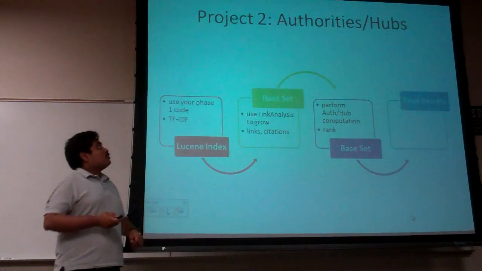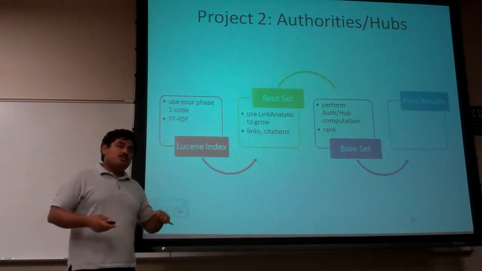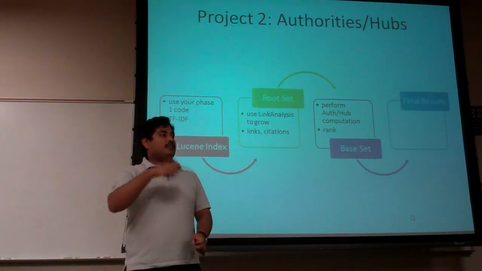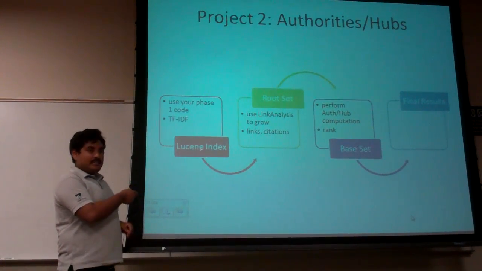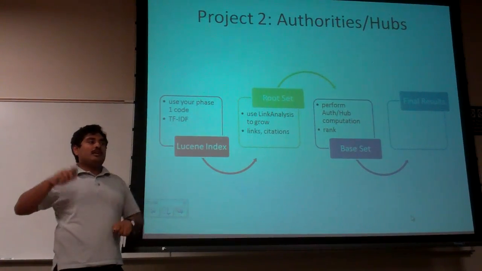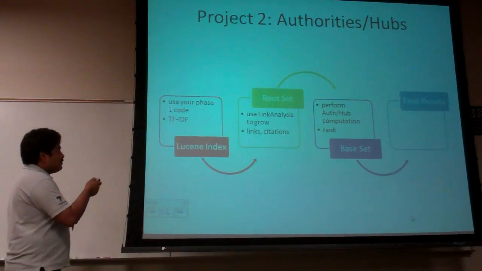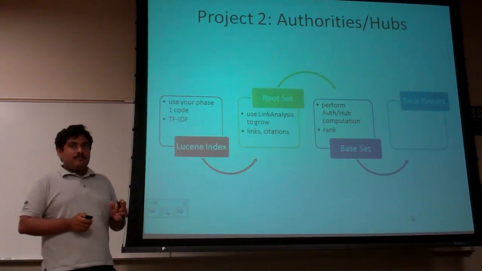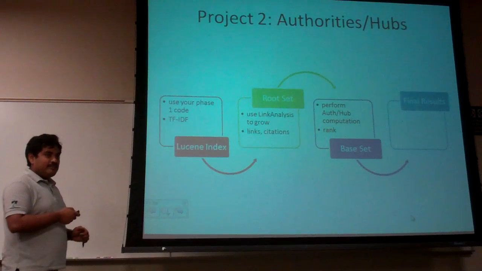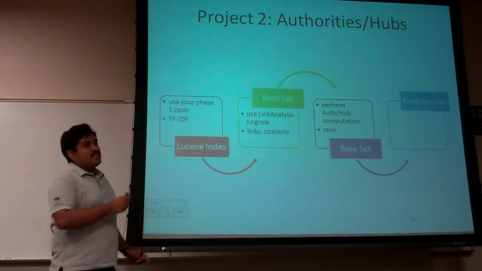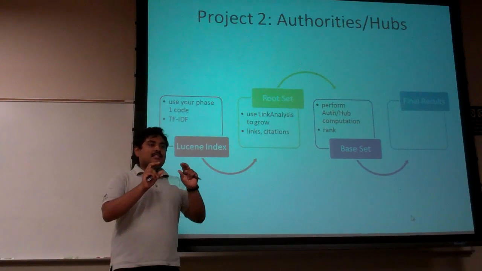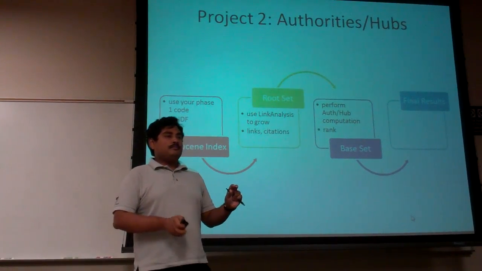Okay? So you should already know how to do authorities hubs computation, but a quick refresher. First, from your Lucene index, using your project part 1 code, you find a set of results. So you use the TF-IDF code that you developed already in part 1, and what you get is called the root set. They are the original set of answers for your query.